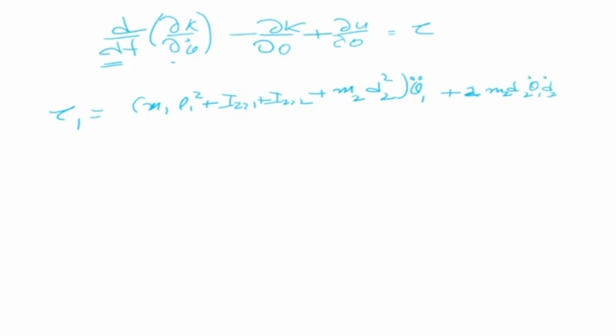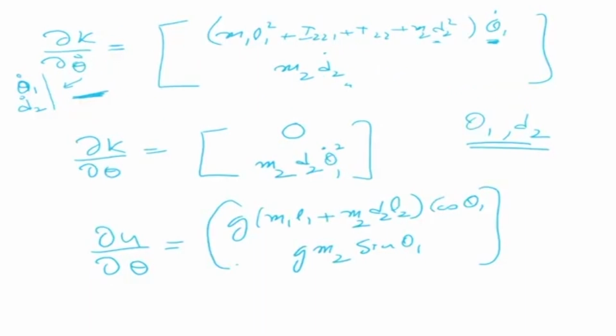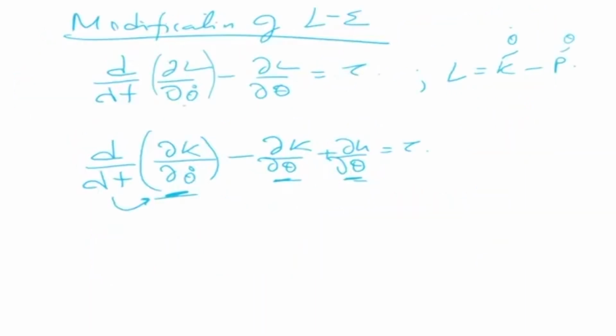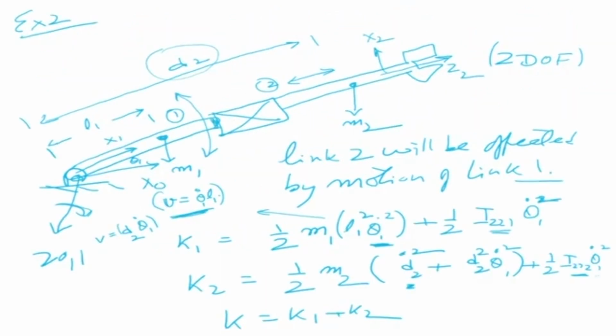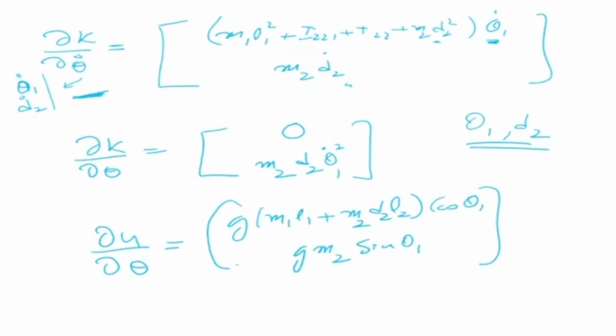Sorry, I have jumped too much. This one has two variables, theta 1 dot and d2.